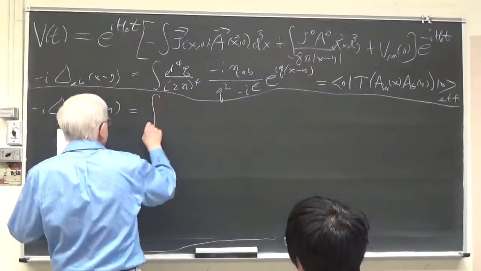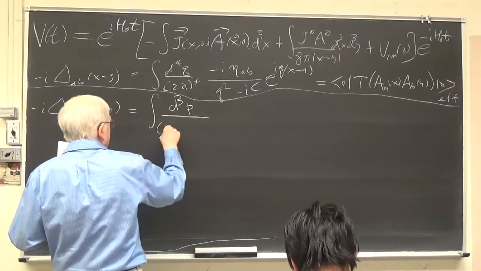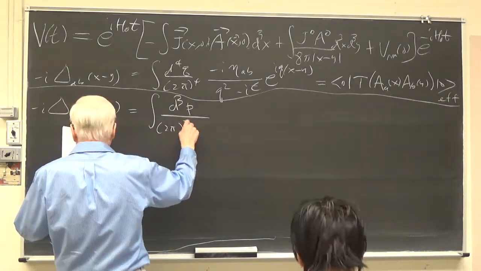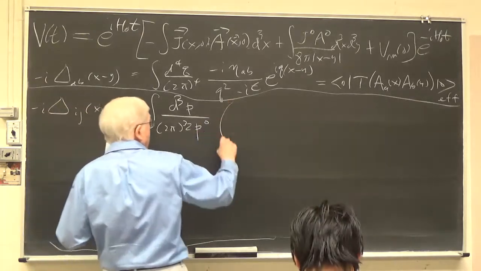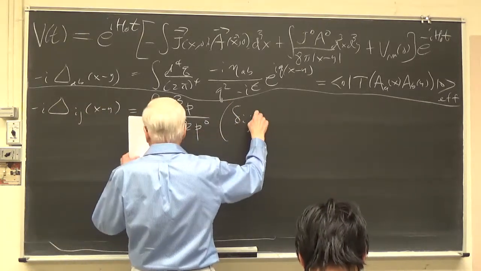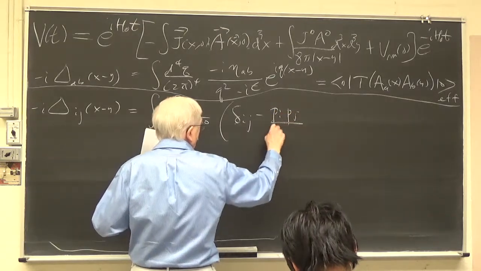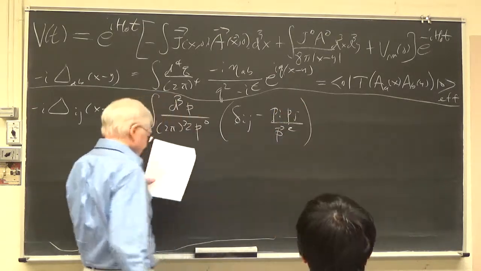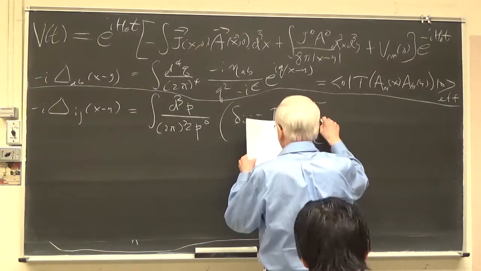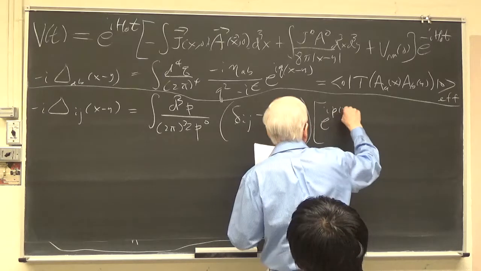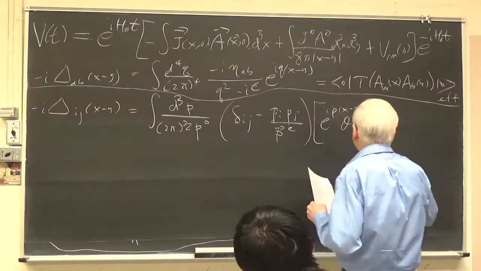This, and we just plug it in and crank the way we were cranking a week or two ago. We get d3q, 2 pi q, 2p0. Remember, the spin sum is delta ij minus pi pj over vector p squared. And then what we have is e to the I p x minus y, theta of x0 minus y0.